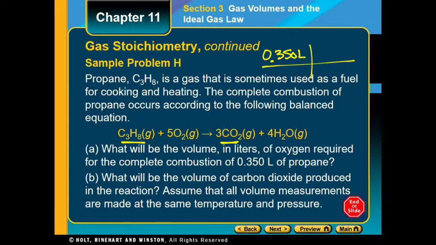You know that is propane on top, so I'm going to put liters of propane on bottom, and it is that coefficient right there. So it is still 1 liter of propane on bottom, and the coefficient in front of our carbon dioxide is 3, so 3 liters for CO2 up top. Again, I've condensed a little bit just so that you can see, and your final answer is 1.05 liters of CO2.